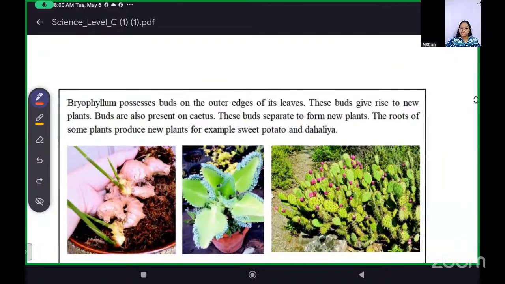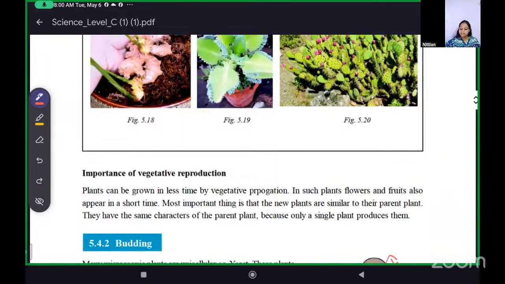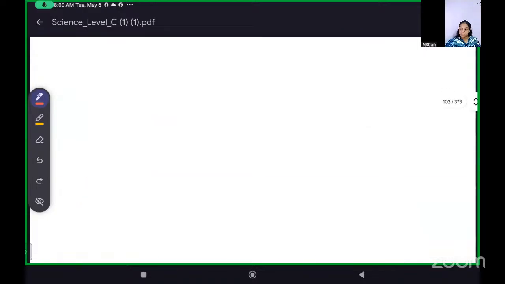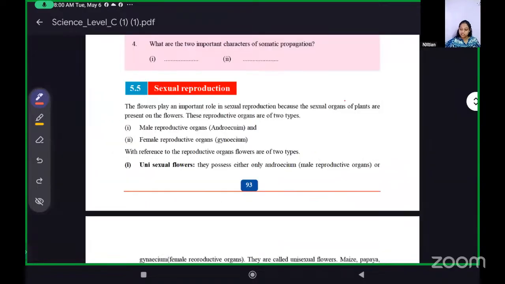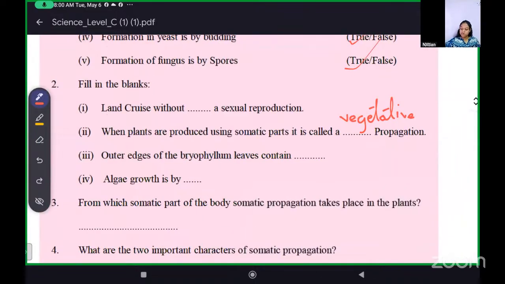Buds. Answer is buds, okay? Algae growth is by cell division. See, fragmentation. Right.